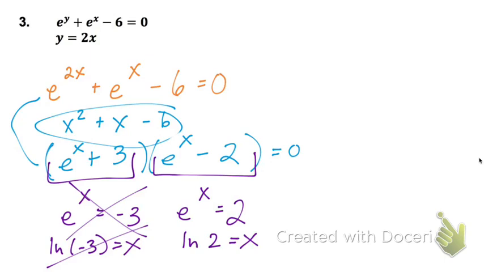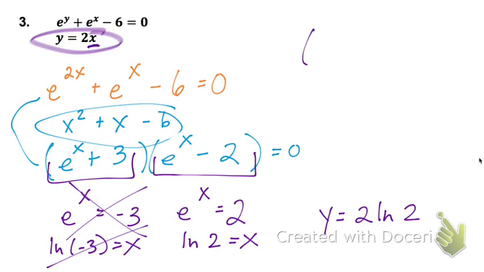But plugging back in for y makes life a lot easier because now I'm just going to plug it into the second one. So y equals 2 ln of 2. I'm just plugging it in right here. And then would you move the 2 to the front?